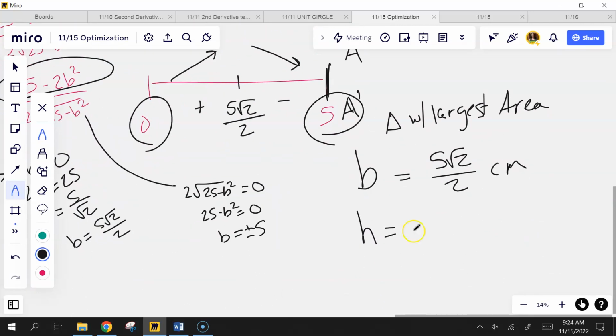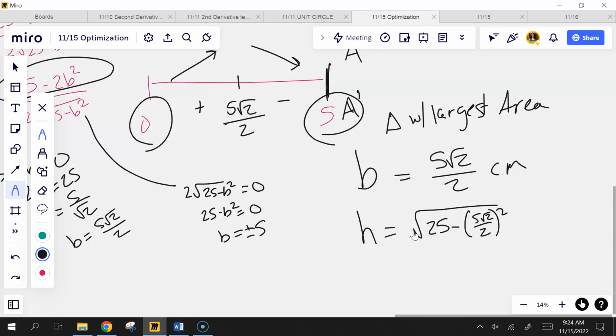Okay, well, square root of 25 minus b squared. If I'm on an FRQ, I stop at this point right here and write centimeters and be done with it. But let's simplify it.